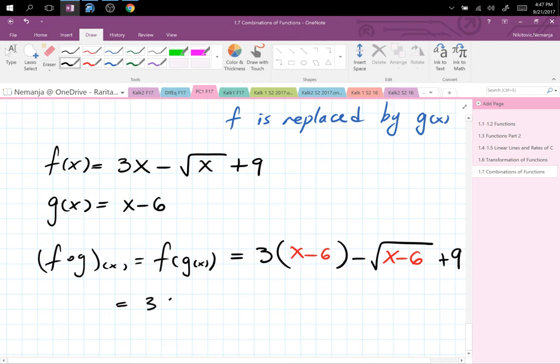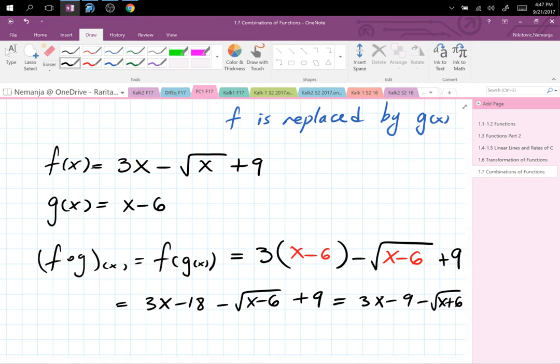So we have 3x minus 18 minus square root of x minus 6. We can just cry about it. And then we have 3x minus 9 minus square root of x plus 6 as the final answer, because we plugged in this function into that function.